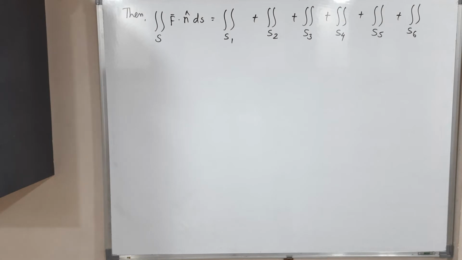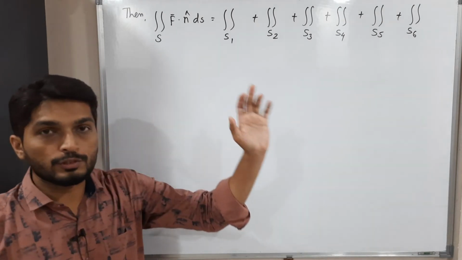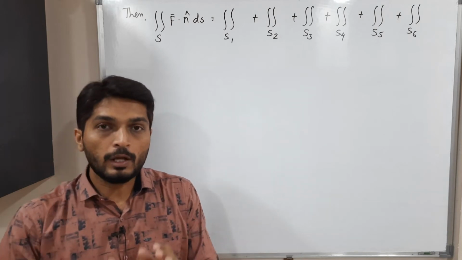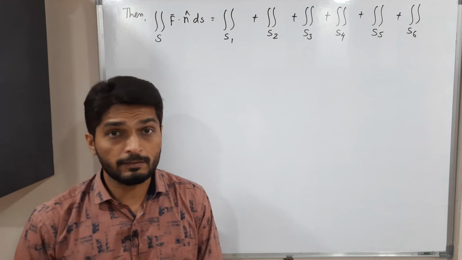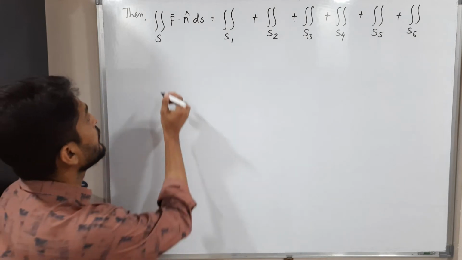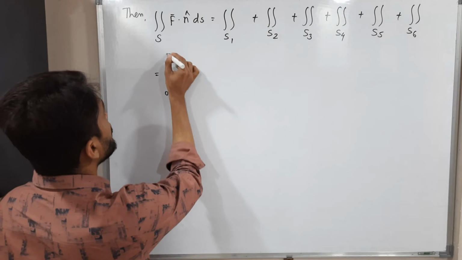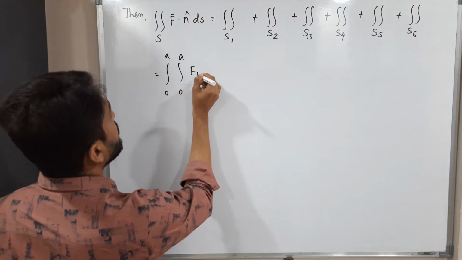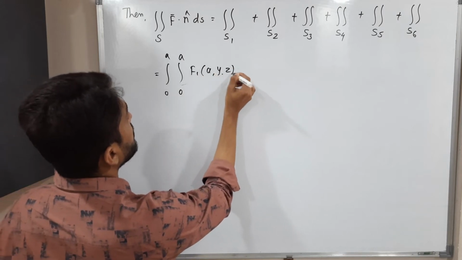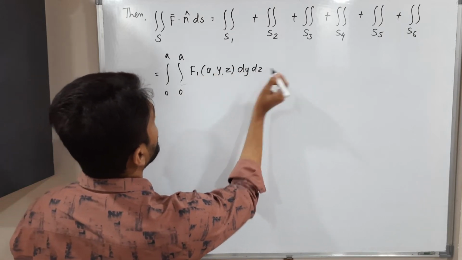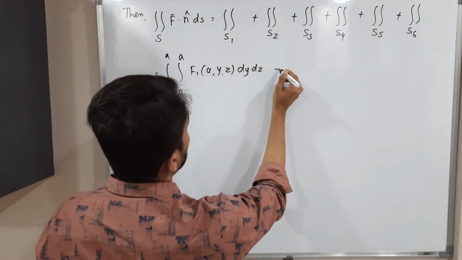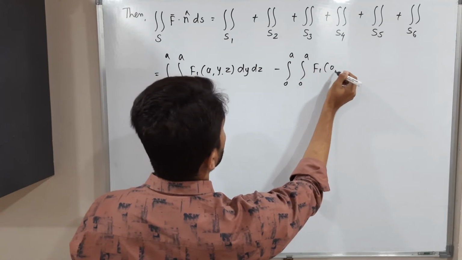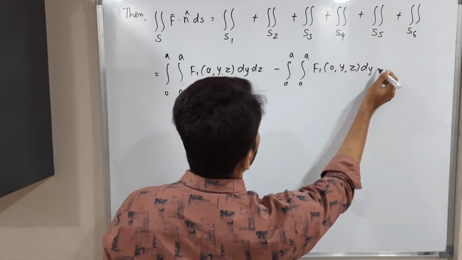Therefore, the required surface integral is equal to the sum of all these surface integrals for all 6 different surfaces. So now we have the values of all these 6 surface integrals. Let us put all those values here. The value of the first one is the integral from 0 to a, 0 to a, of f1 of a y z dy dz. The value of the second surface integral has a minus sign, so minus the integral from 0 to a, 0 to a, of f1 of 0 y z dy dz.